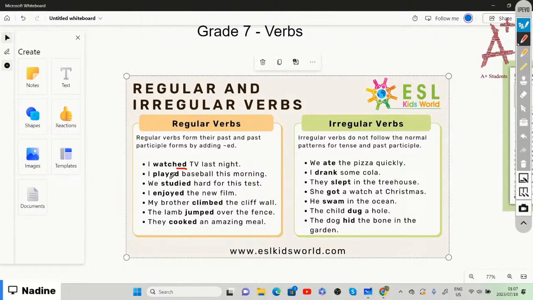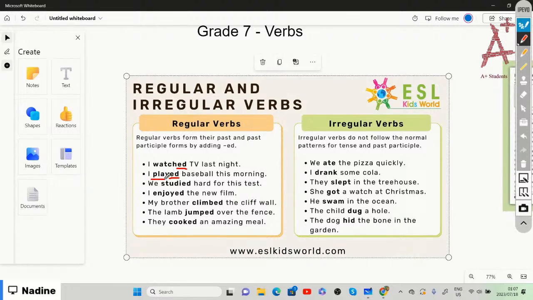I played baseball this morning. Which means that now I play baseball. So play is now, I'm going to underline the present.